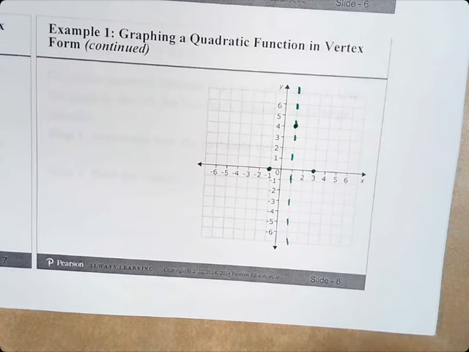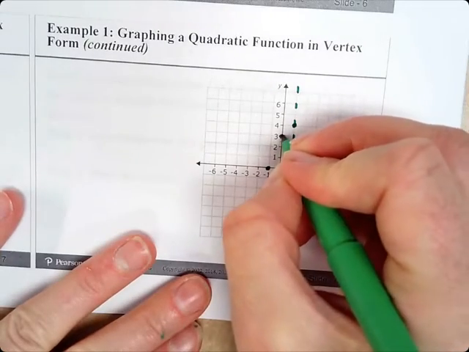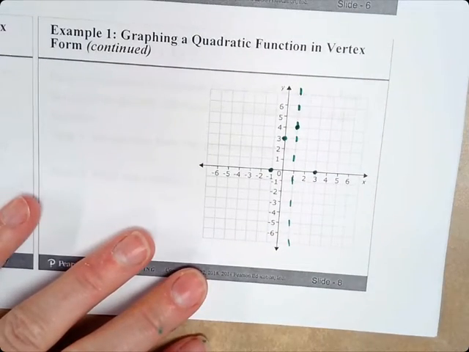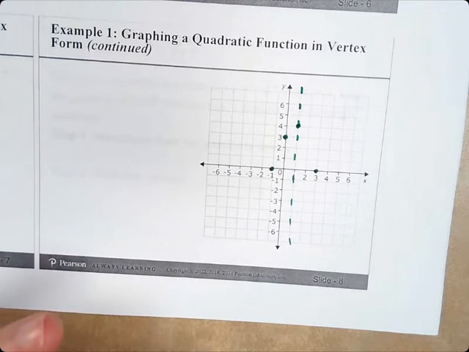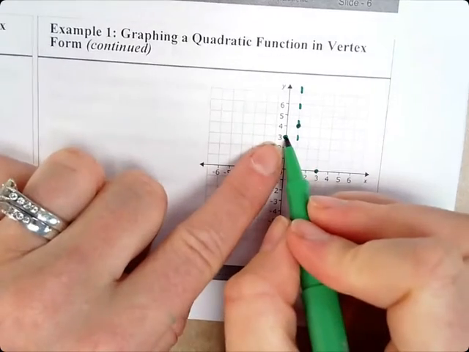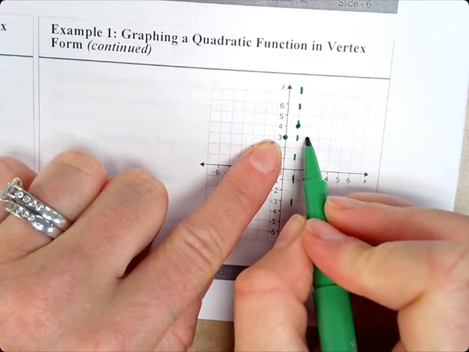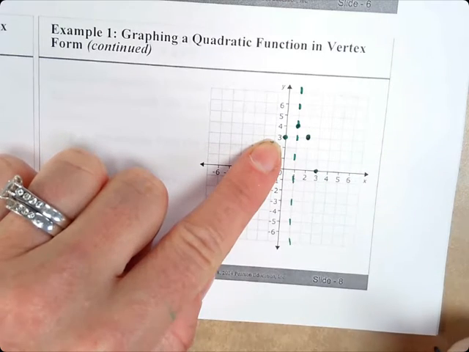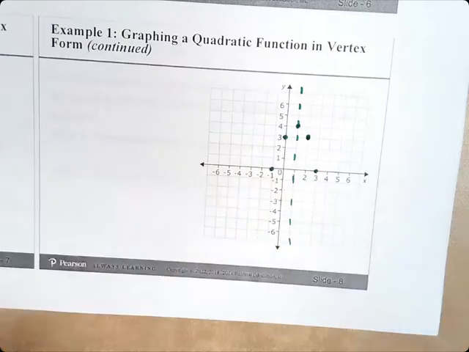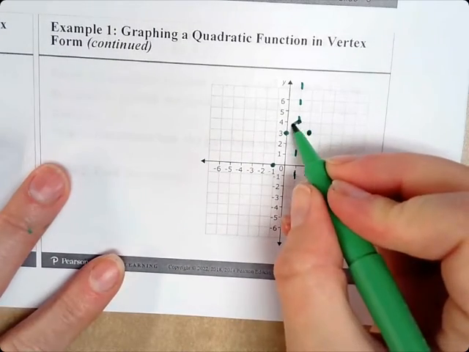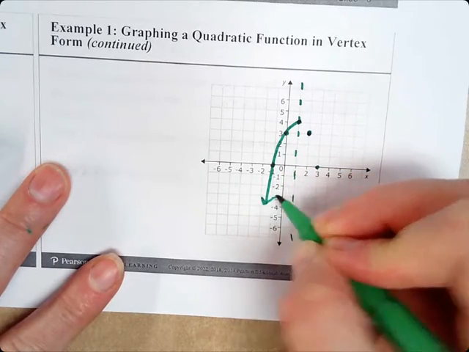And then one other point that we can graph is our y-intercept at 0, 3. Remember the axis of symmetry shows us that it's symmetrical on both sides. So if I have a point on one side, the one that is directly across, I can also graph that one because it's symmetrical. So then we make our parabola.